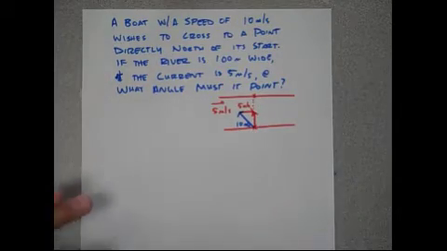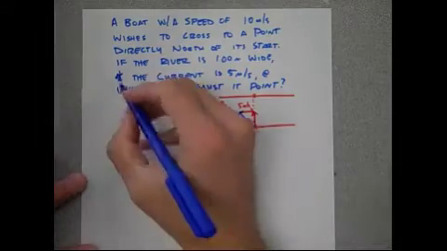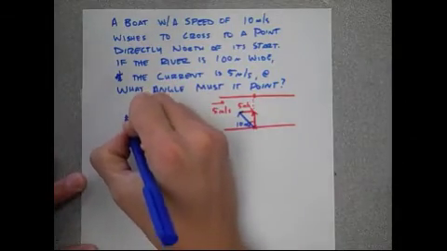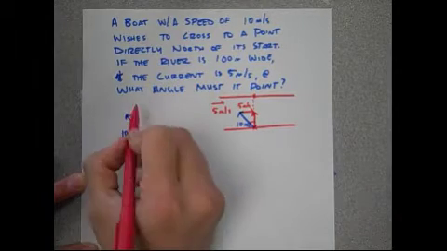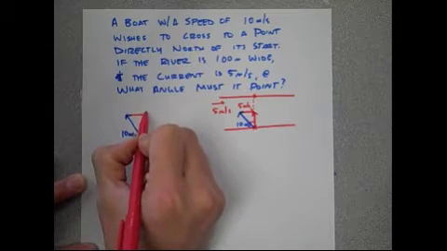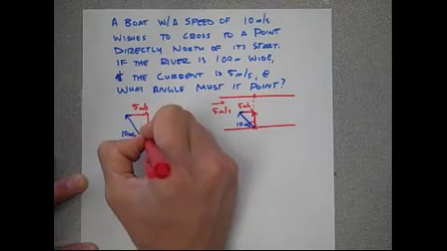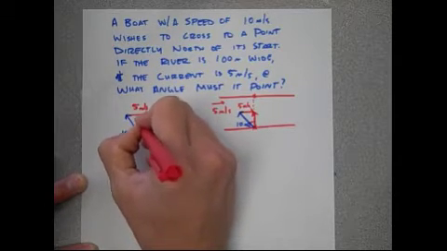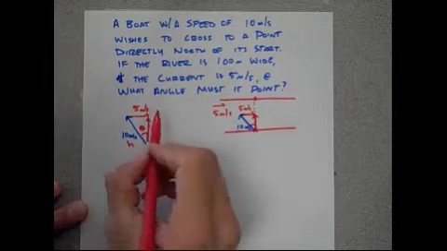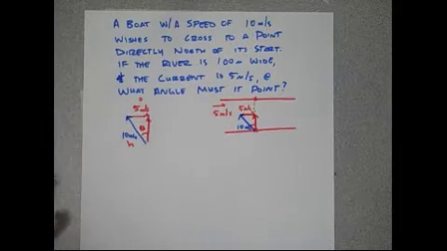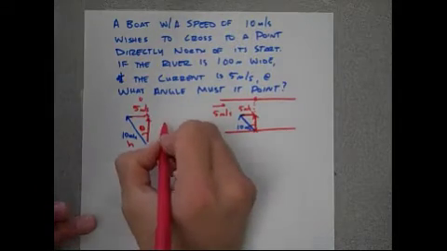So, looking at it, to find this angle, I'll redraw that triangle. 10 meters per second this way, 5 meters per second, that pushes us back this way, and resultant that points straight up. We want this angle. Well, 10 is my hypotenuse, 5 is my opposite side, and if I want that angle with those two things, I'm going to use the sine function.